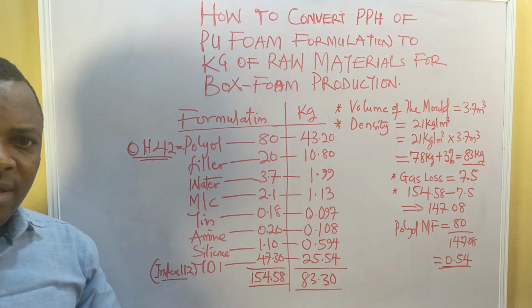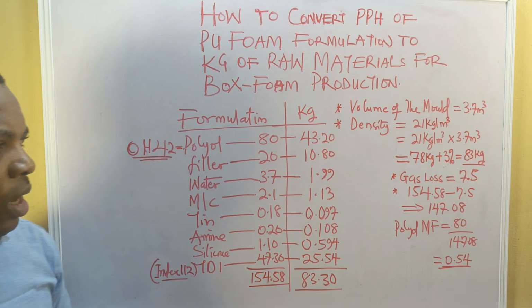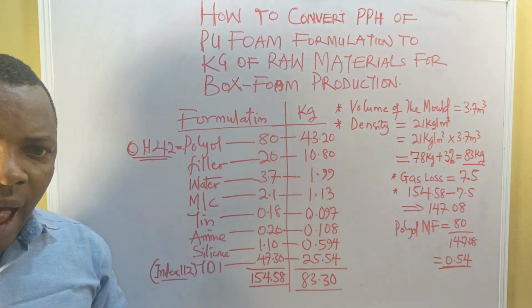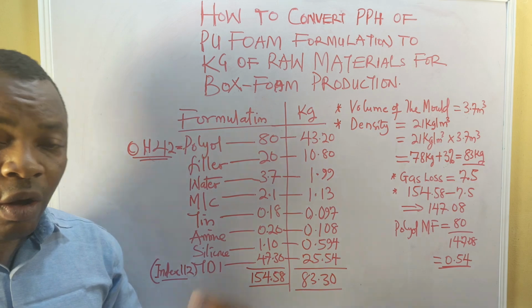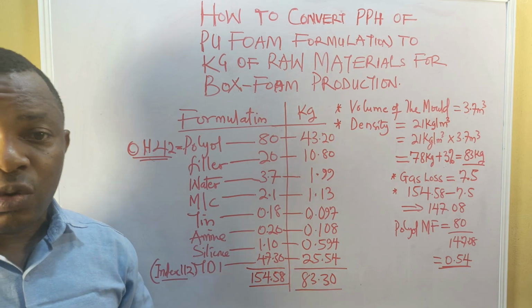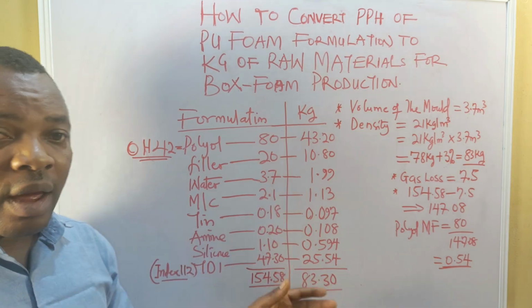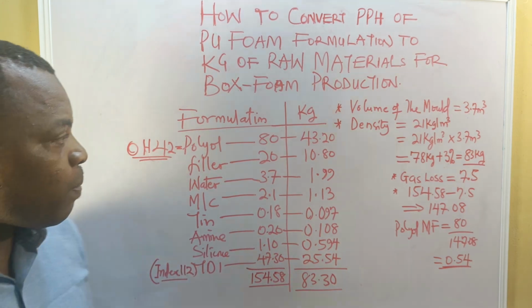In continuous process it is kg per minute. In box foam it is in kg, because time is not included. Continuous process works in respect to time, kg per minute of delivery to the reacting system.